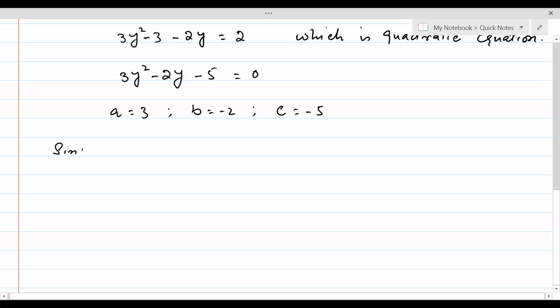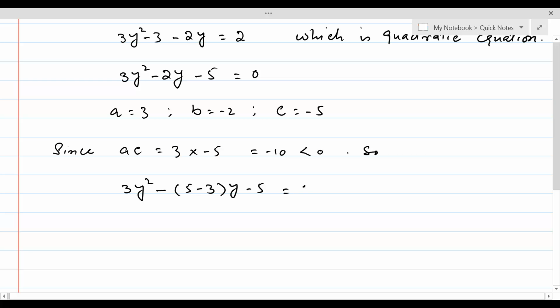Since AC is equal to 3 times minus 5, which is equal to minus 10, less than 0, find two factors of minus 10. So 3y squared minus, instead of writing 2, we will write this 2 as 5 minus 3, 5 minus 3 y minus 5 equal to 0.